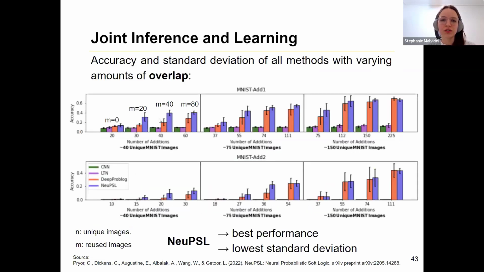For the joint inference one, they just use a couple of images. Yeah, it's a really small data set, but this was the idea. They wanted to see how it performs with raw data. So yeah, you cannot compare this experiment with the other one.